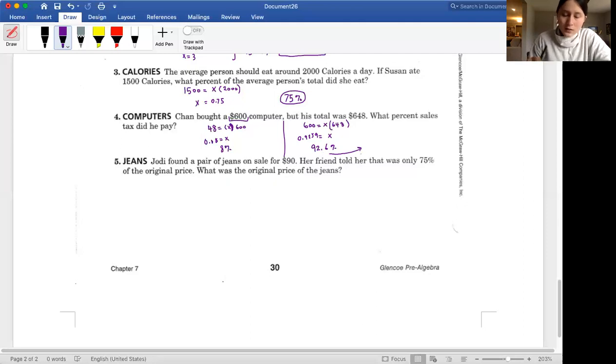The rest of the percentage is the tax. So we can do 100 minus 92.6, and that gives us about 7.4% that he's paying as sales tax.